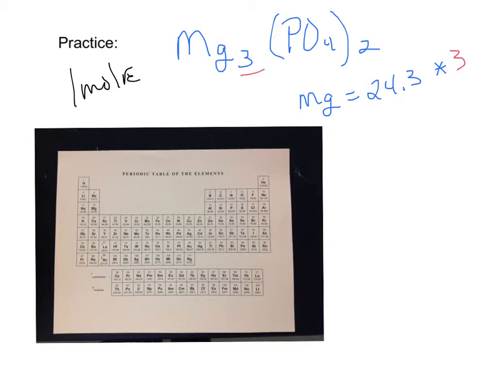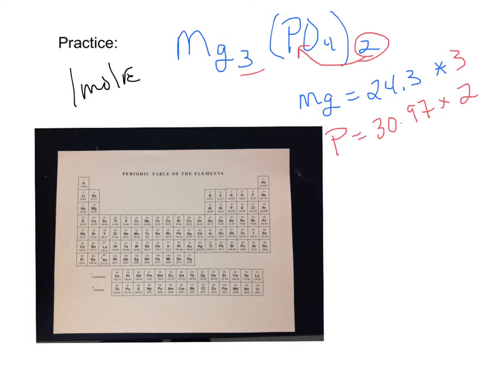Then I had phosphorus, which is 30.97 grams, and I had 2 of them, because this number here is going to add each one of these, because this is a polyatomic ion, but we haven't got to that, we'll talk about it later.